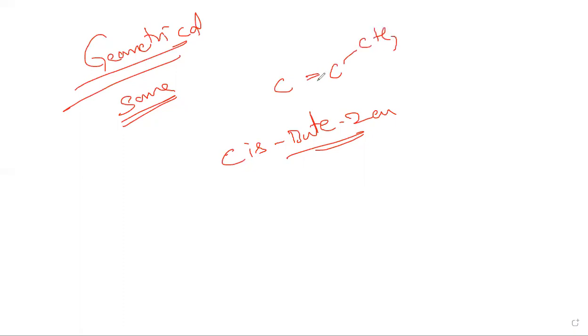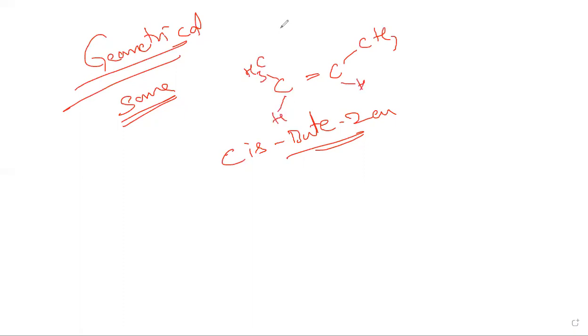Example: cis-butene. 2-butene: consider the second carbon, any one carbon, CH3, C double bond, then CH3, and then hydrogen and hydrogen.